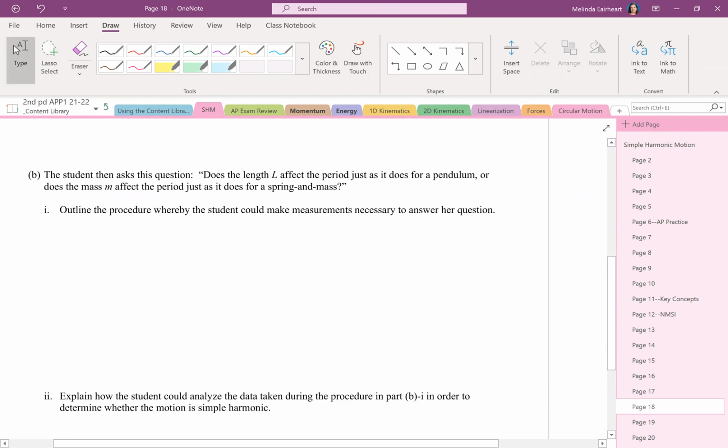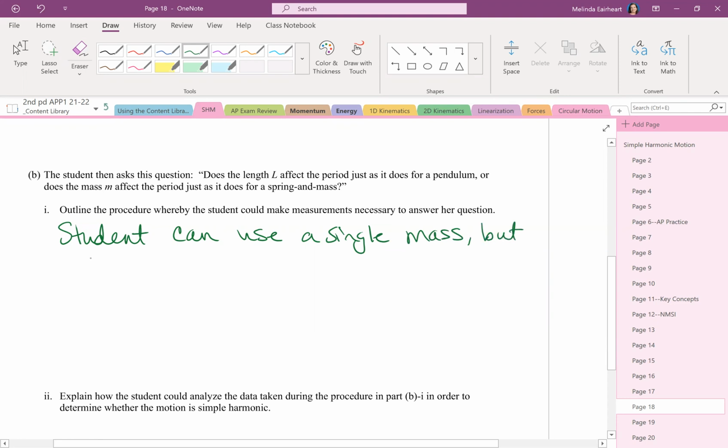So we've already talked about changing the masses. Now the student can use one mass, a single mass, because one change at a time, you don't want to change it all, right? So use a single mass, but adjust the ruler at different lengths.